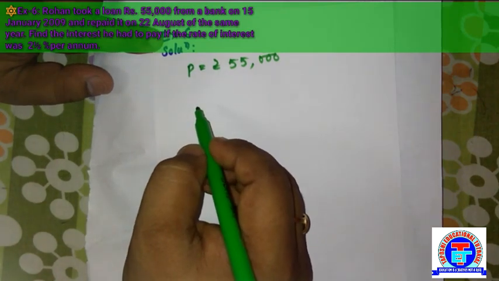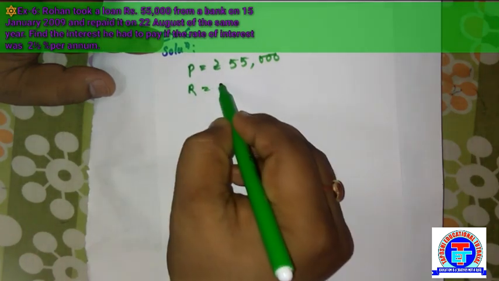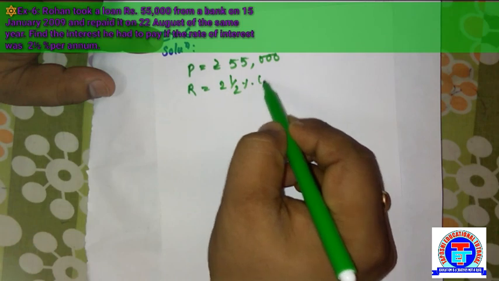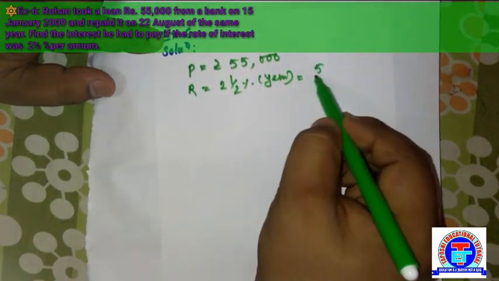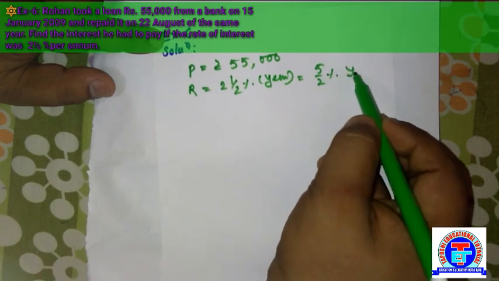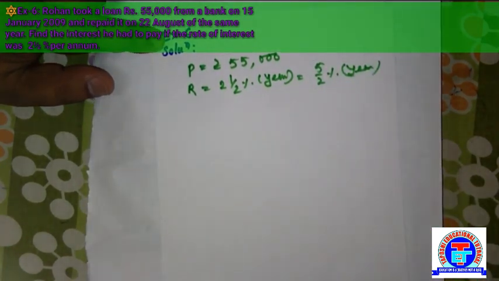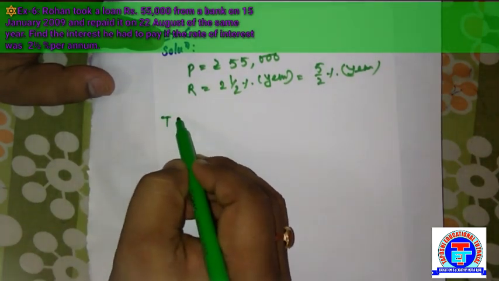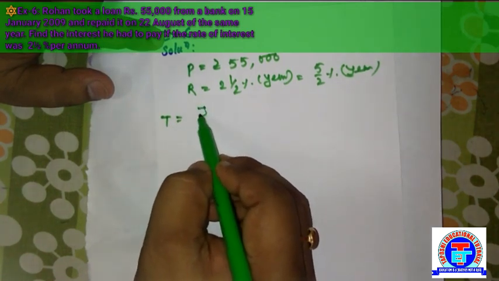And rate of interest 2.5% per year. That means 5/2% per year or annum. Correct?